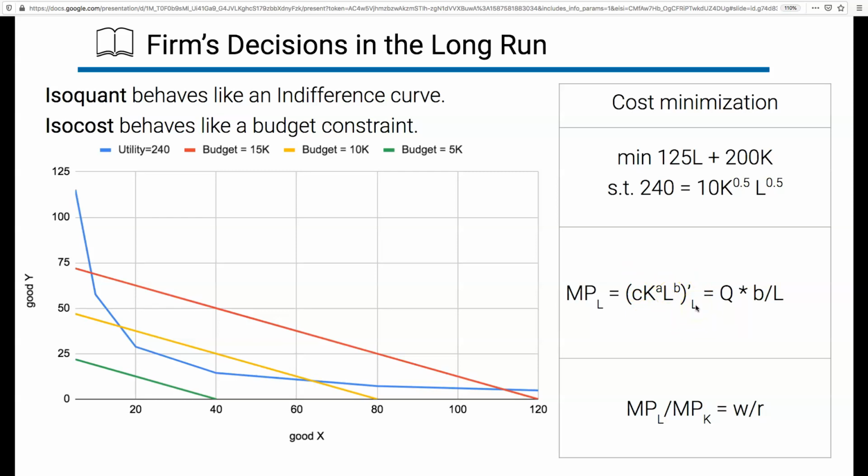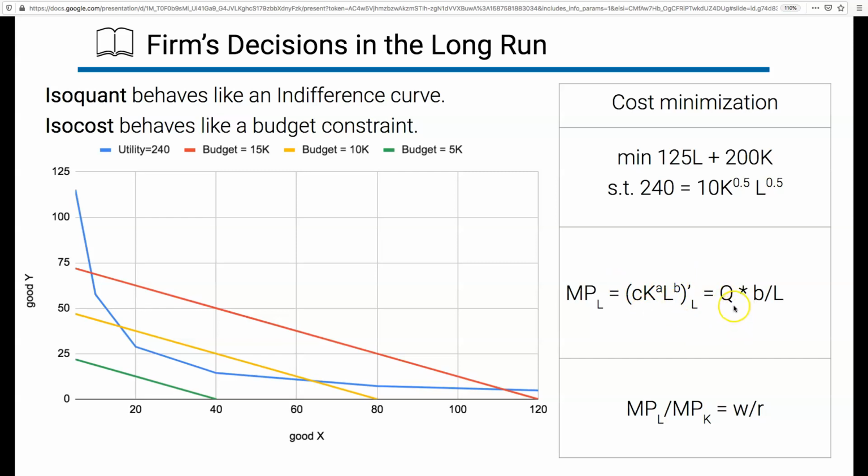To find the partial derivative, you just need to treat everything that doesn't have to do with labor as a constant and labor as the only variable of interest.